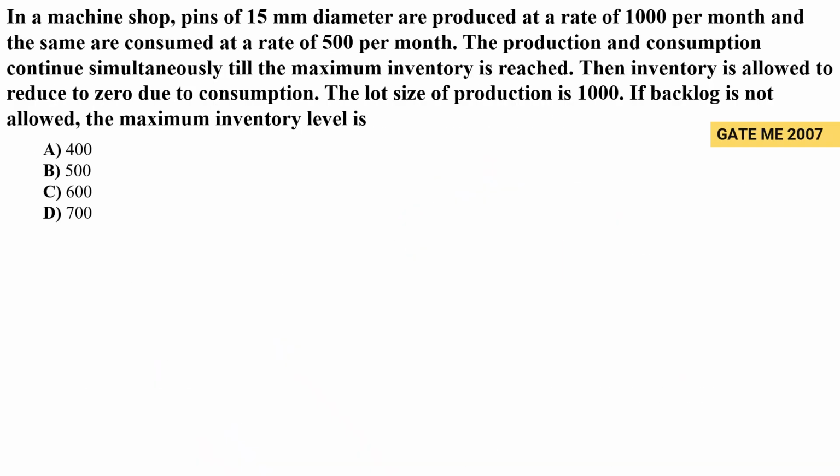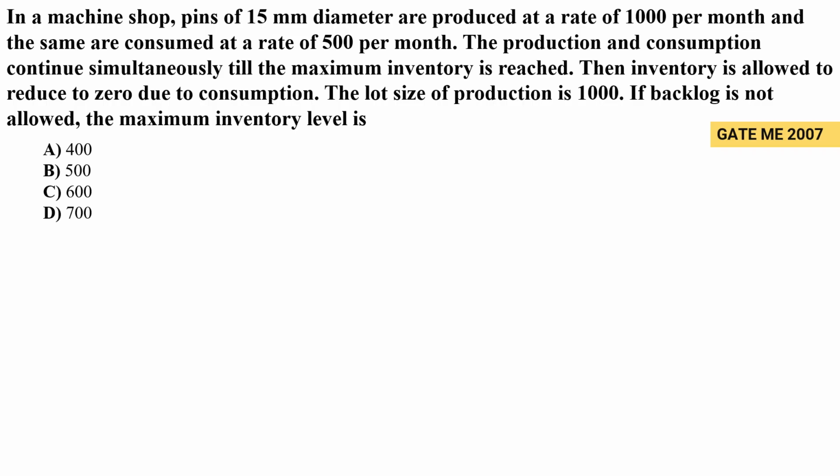Let's see the next question. In a machine shop, pins of 15 mm diameter are produced at a rate of 1000 per month, and the same are consumed at a rate of 500 per month. The production and consumption continue simultaneously till the maximum inventory is reached.